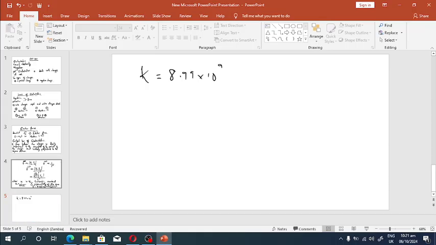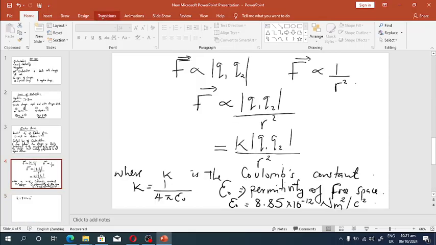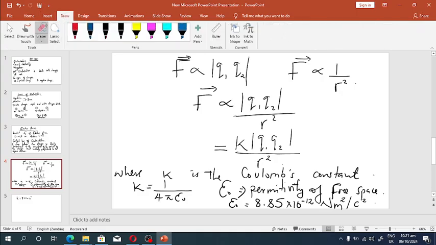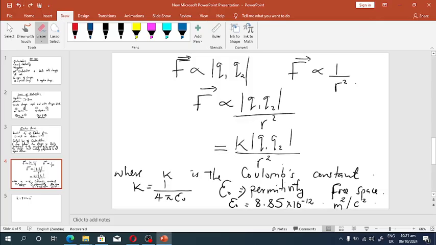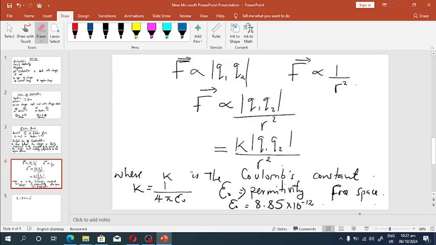Let's see, the units for permittivity of free space are Coulomb squared per Newton meter squared.